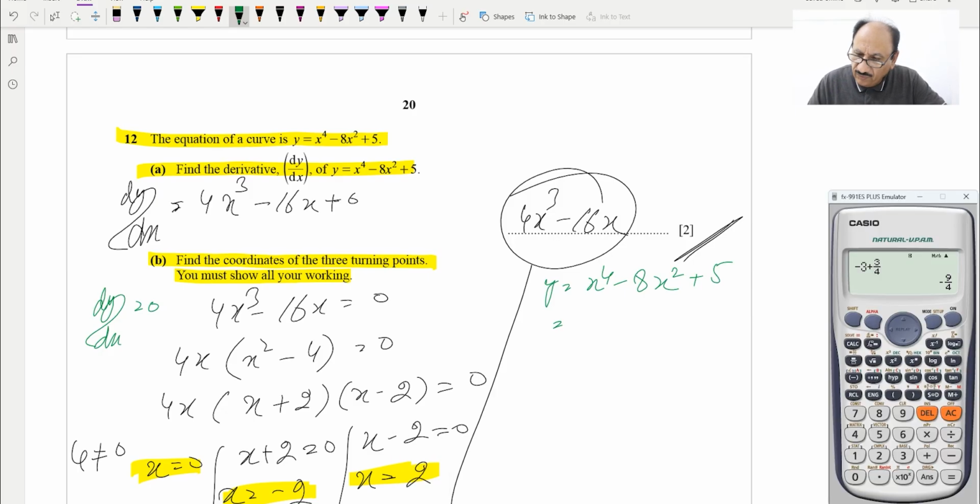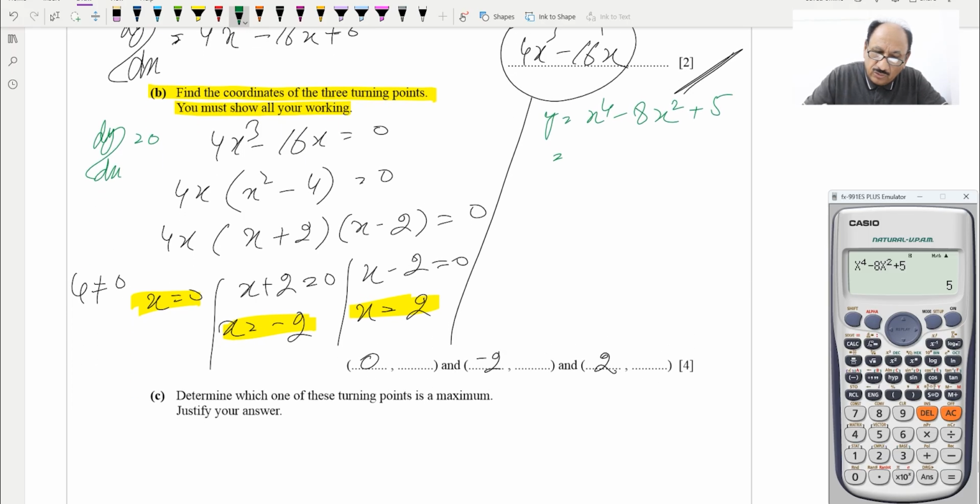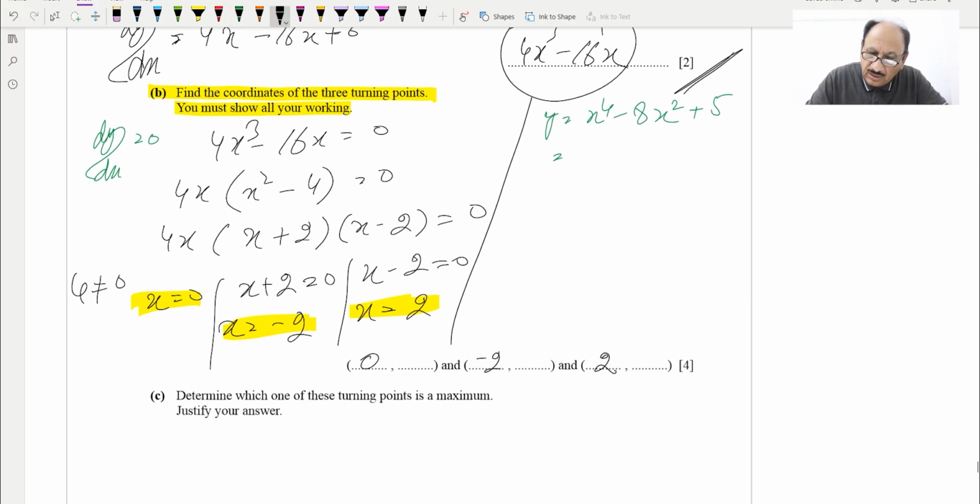If I type this equation, x raised to the power 4 minus 8 x square plus 5, and we will calculate for x is equal to 0, and this will give us 5. So at x is equal to 0, y is equal to 5. So our answer will be 0 and 5.